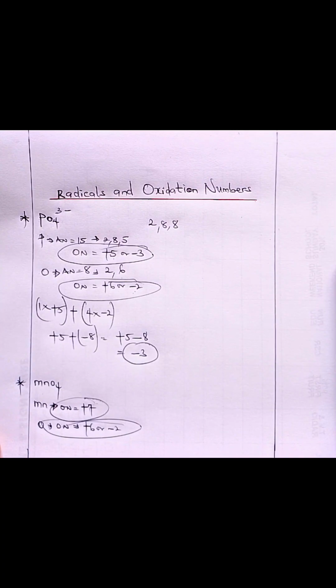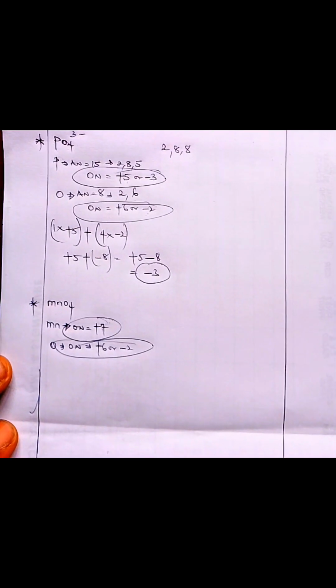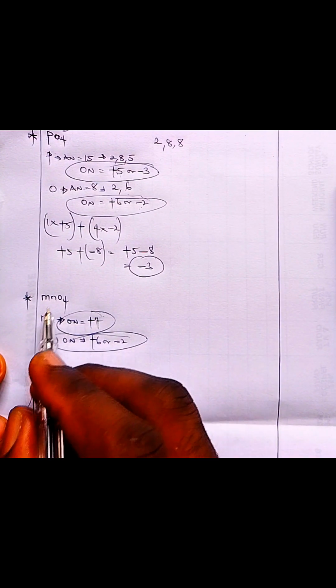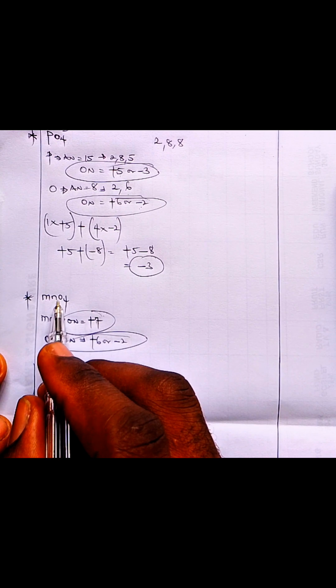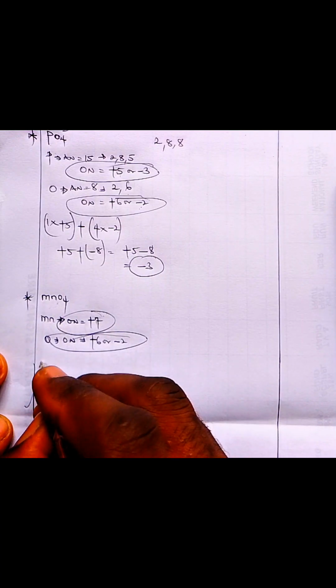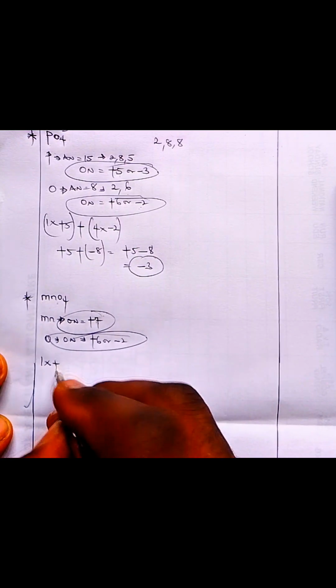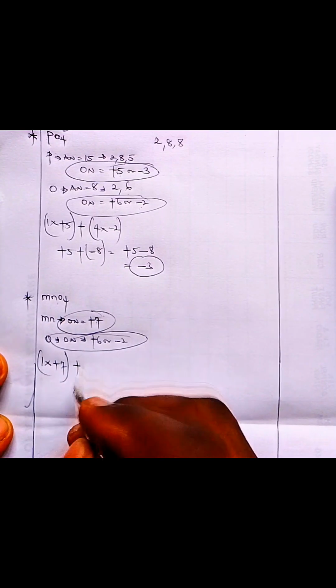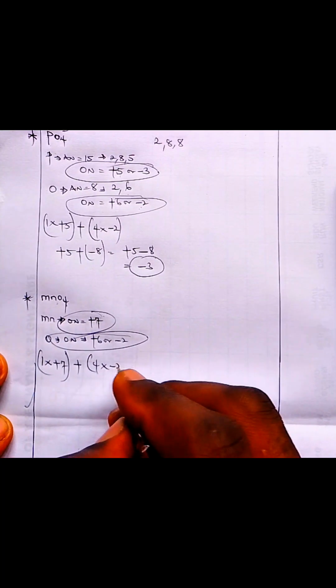That's the oxidation number for oxygen. So how do we go about this? This manganese, I beg your pardon, not magnesium. This manganese has 1 atom. So that's going to be 1 times plus 7 right here, plus oxygen has 4 atoms. So that is going to be 4 times minus 2.